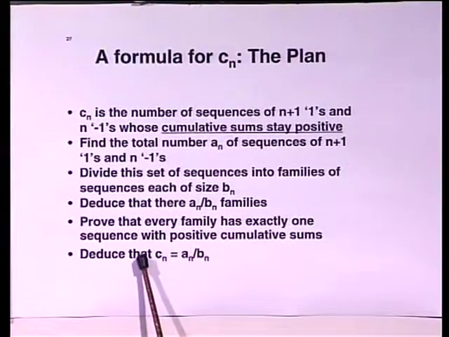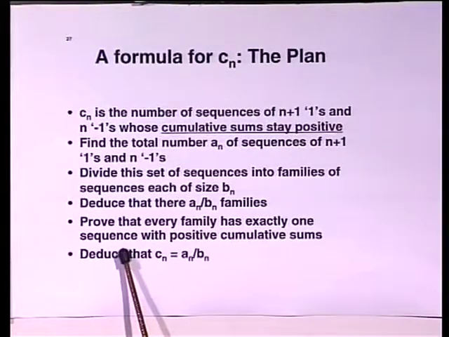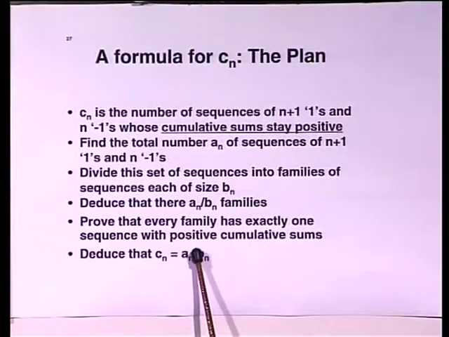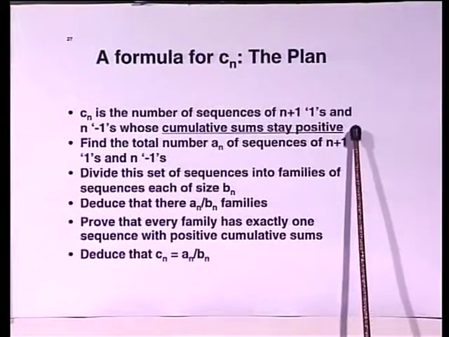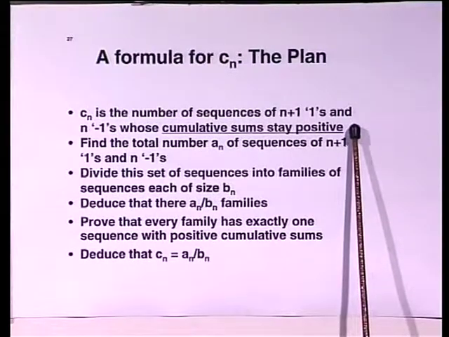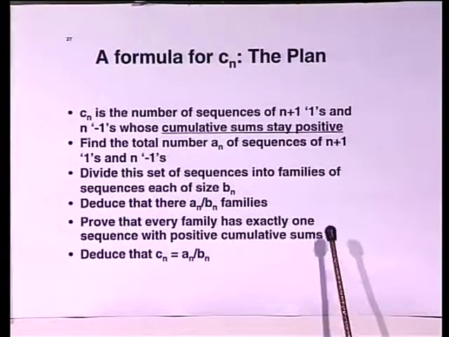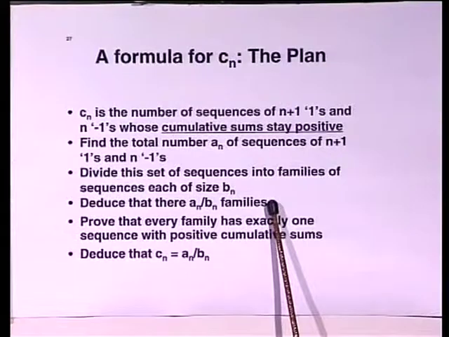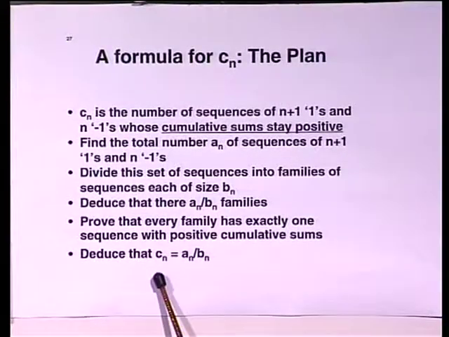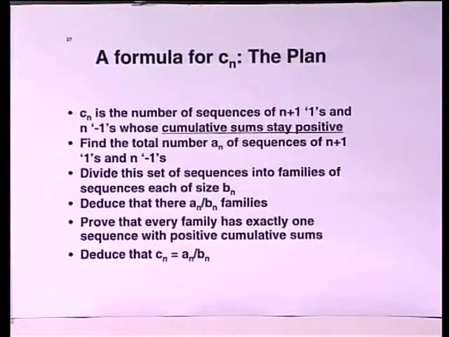And then finally we're going to prove that in every one of these families there's one sequence only which has got this positive cumulative sum property that characterizes the Jones election. So having proved that, we're going to be able to deduce that the number of these Jones sequences is the number of families, and therefore the Catalan number is An over Bn. So let's now carry out the different steps of this proof.